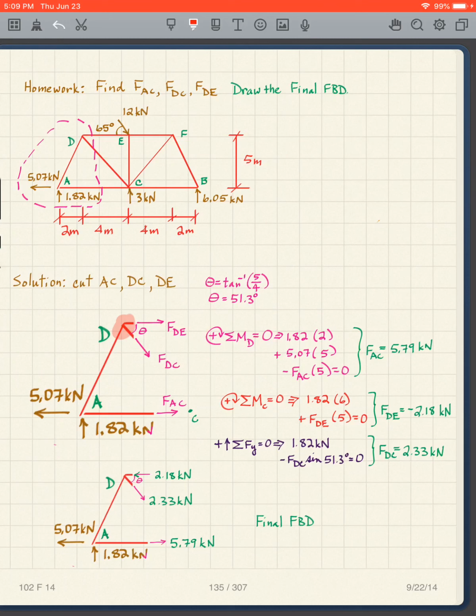So I'm going to have 5.07, clockwise, times 5, and then 1.82, again clockwise, times 2, and then I have FAC goes counterclockwise times 5, so it's negative. Right there, I can solve for FAC.